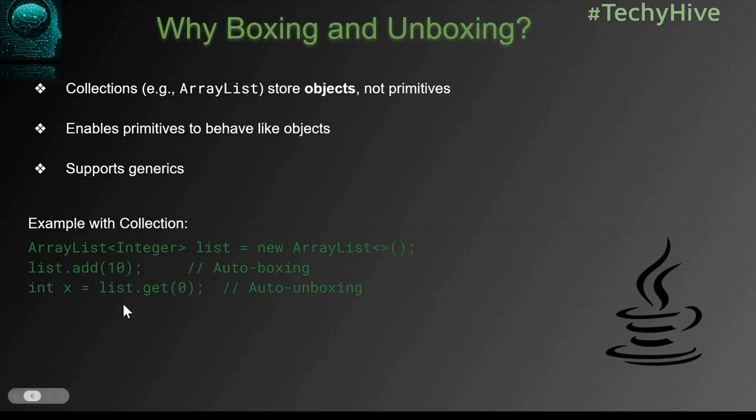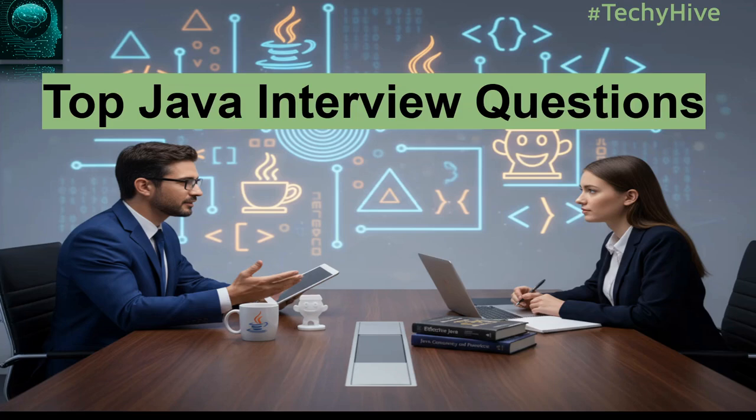And when we access the data from the list, you can see here it is automatically unboxed. The list get method will return the integer primitive type, and then we will have the integer primitive type to process.